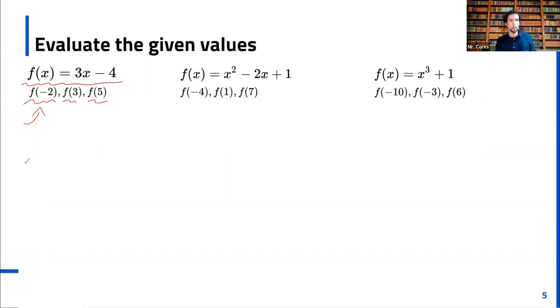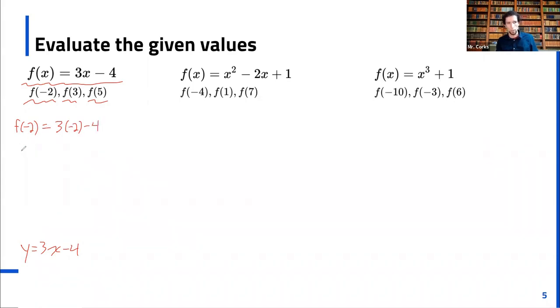So if we see something like this, f of x equals 3x minus 4, it's just a function like y equals 3x minus 4. It's the same thing, but if we write it this way, then we can clearly show that we are substituting in a particular value for our variables. So for f of negative 2, I've replaced the x here with negative 2, and we do that in the rest of the function as well: 3 times negative 2 minus 4.